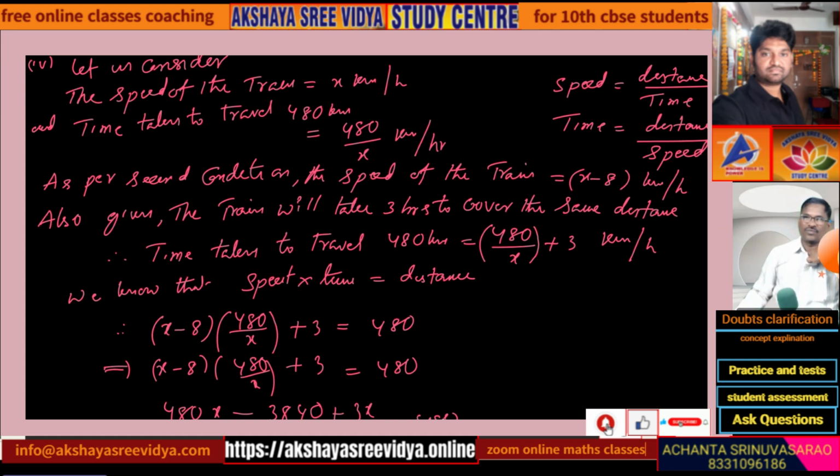x into 480, minus 8 into 480 by 3x, by 480 by x minus 8 plus 480 by x.